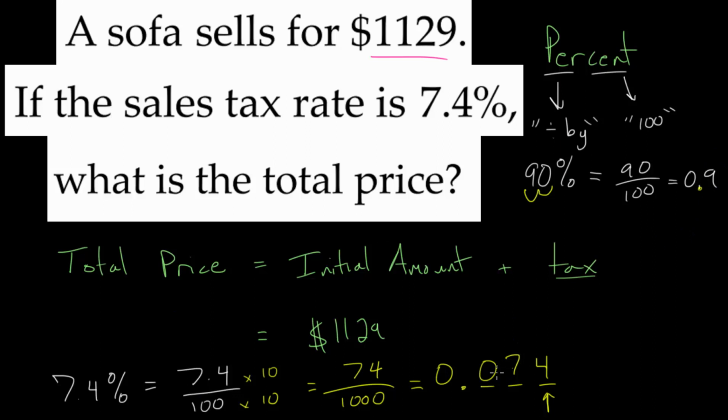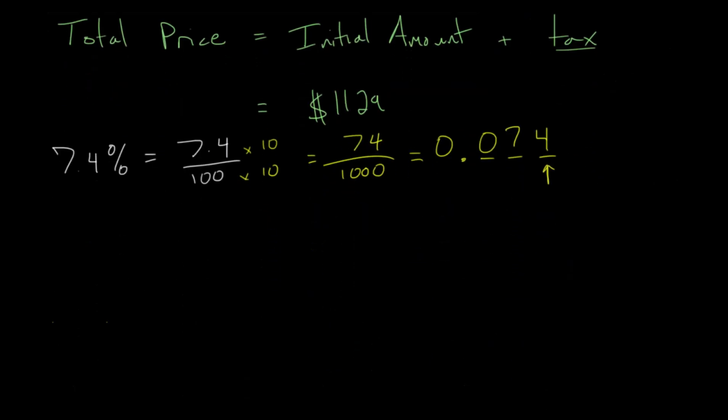So we have 0.074, and to find the total tax, we will multiply our 1,129 by 0.074. Let me make some space so that we can work on that. We take 1,129 and we multiply by 0.074. We could, of course, do this on a calculator, but let's practice actually multiplying out decimals.